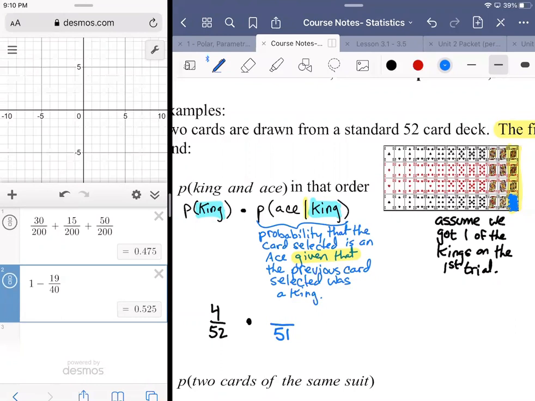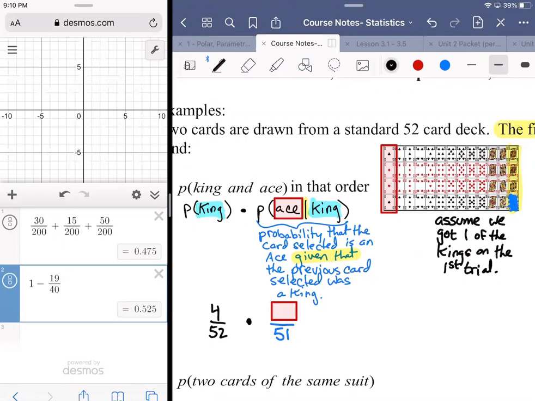I toss that card and then select from the deck. So there's only 51 cards available now. But I am still looking for the probability of getting an ace. So probability of getting an ace is going to correspond to these cards, which in turn is going to give us this numerator.